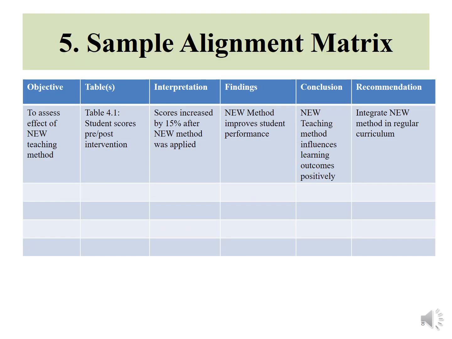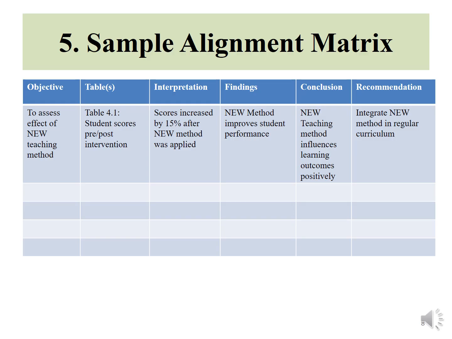Fifth one, this is a sample alignment table. So as you see, it has 6 columns. First is objective, table, interpretation, findings, conclusion, recommendation. So it is for one objective, other objectives will follow. You can make it in Excel or in Word format, but here an example is given.